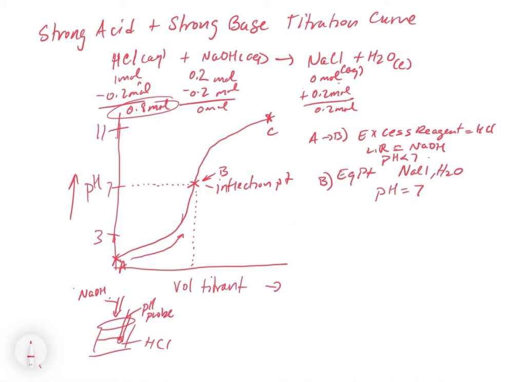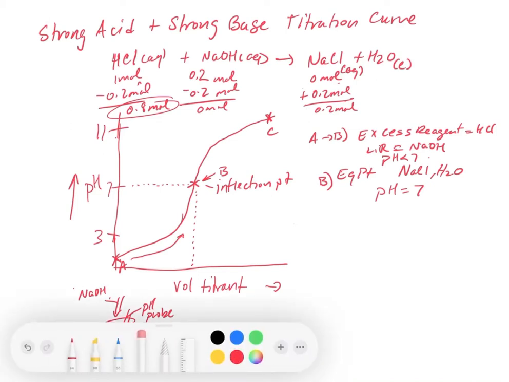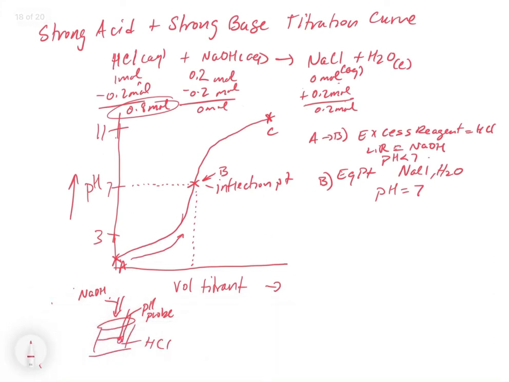And now what's happening is as we get closer and closer, our number of moles of HCl are going down, and the number of moles of NaOH is coming up to meet that. And so eventually, as we get to this range, we're getting so close to where we have an equivalence, meaning we're basically adding a strong base to a very, very low concentration of acid, that the pH starts to change really rapidly because there's very little acid around to counteract that base.